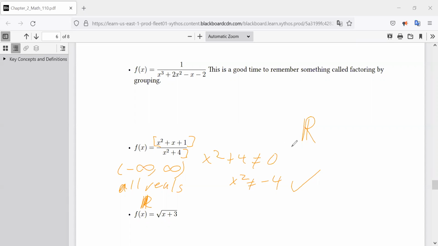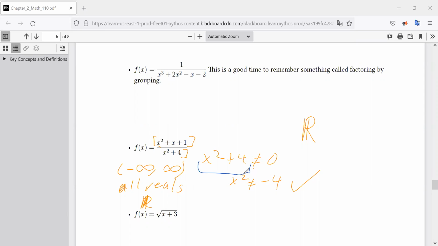Yeah, sorry, what were we saying? Oh, I just want to make sure, because the x is squared, the number will always be positive no matter what you put in. So that's why it's all real numbers. Exactly. Because this right here is always positive, it's never going to be equal to 0.